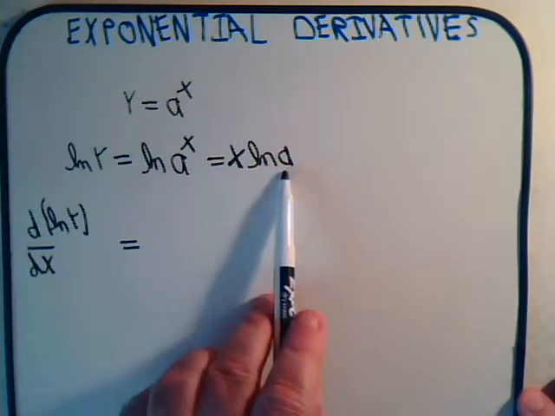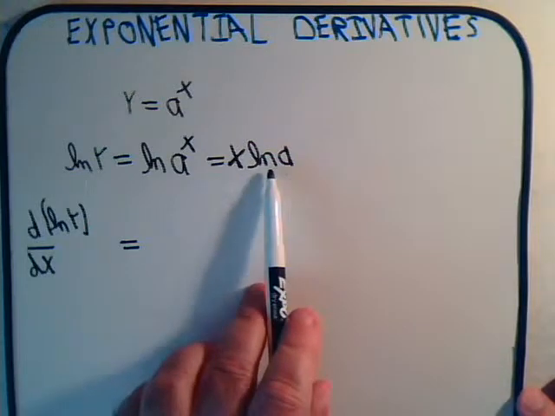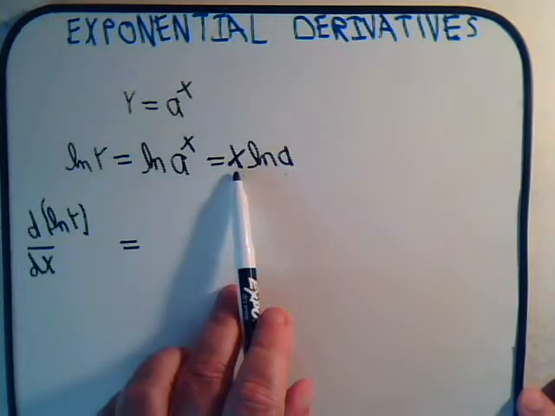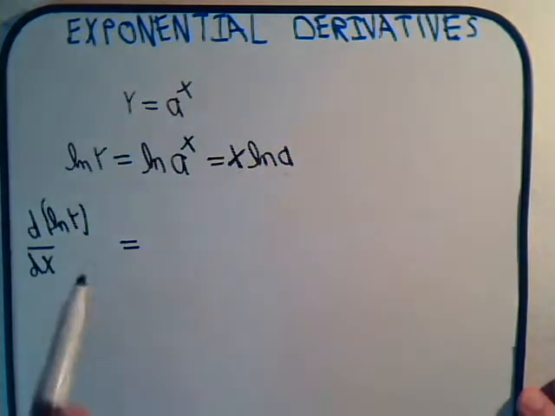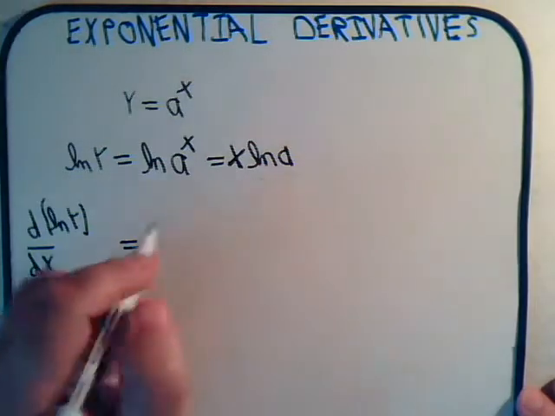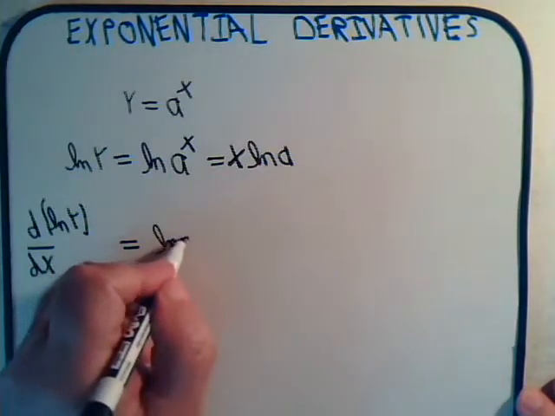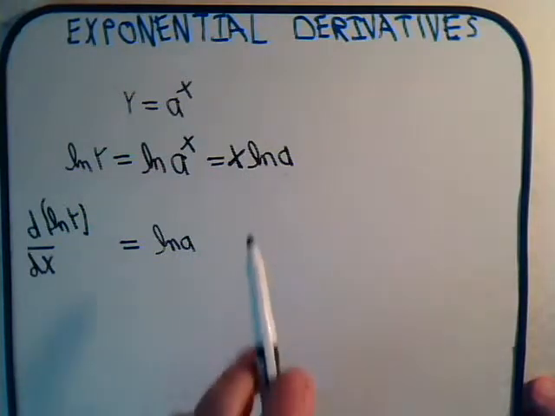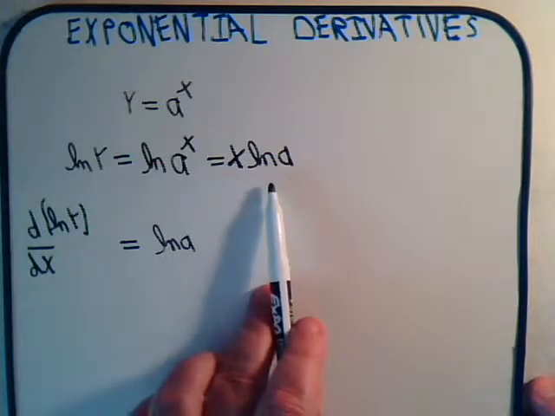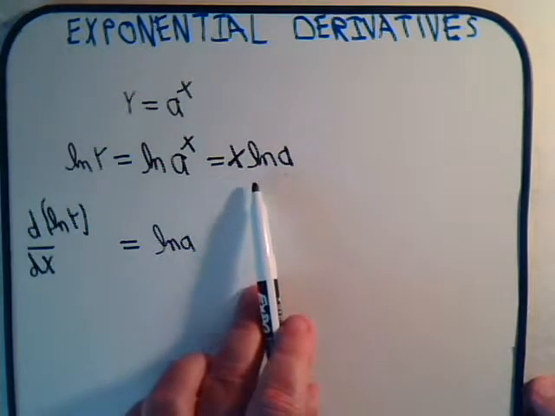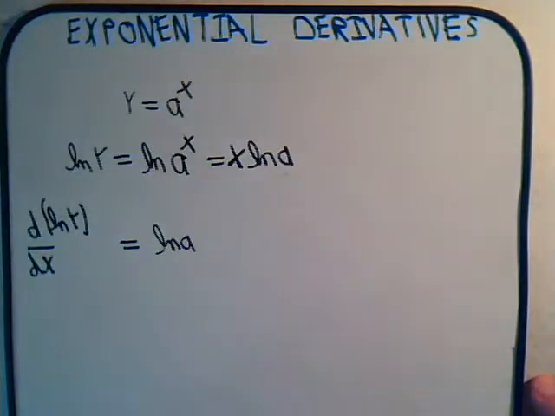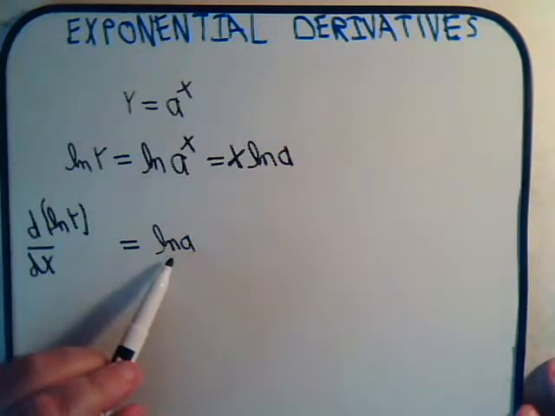The derivative of this with respect to x, that would be this, times the derivative of that, which is just dx/dx, so that's just 1. So we have this times 1, plus x times the derivative of this, but this is a constant, so that would be 0. So we say that the derivative of the natural log of y with respect to x equals the natural log of a.